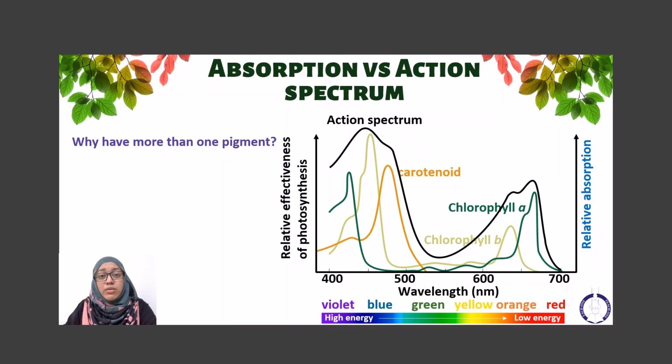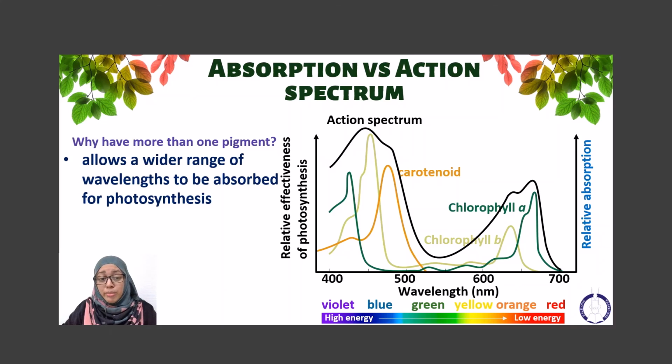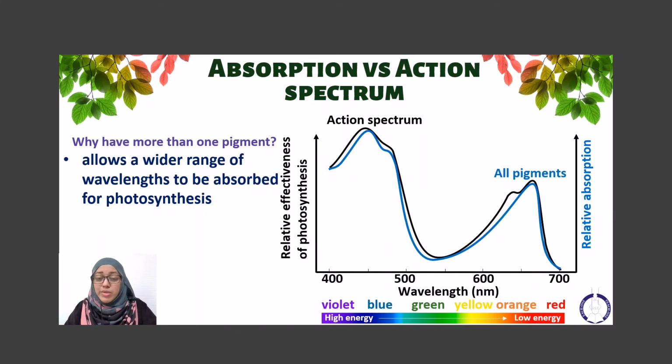So this major advantage that plants have for photosynthesis is that they will normally have more than one pigment, which ensures this wide range of wavelengths that can be used for photosynthesis to occur. So if you were to put the two together, this would be more or less how it would look like. So it's these wavelengths that are being absorbed in blue that can be used for photosynthesis, shown in black.